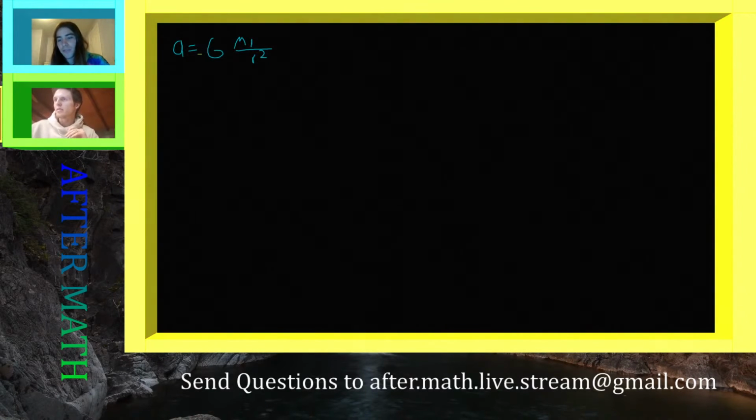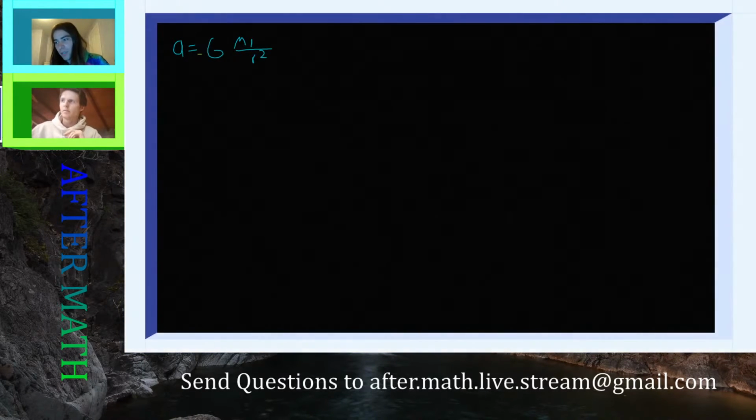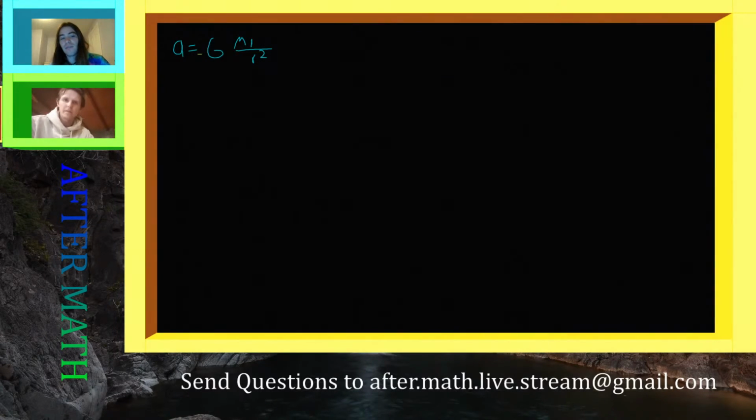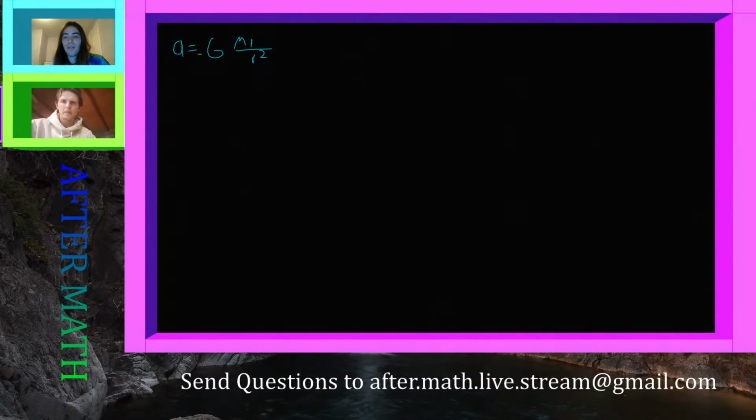If we're in one dimension, it'd be slowing down or speeding up. But because velocity is a vector, it has direction associated with it. So the acceleration isn't just the slowing down or speeding up, but actually the change in direction of velocity as well.